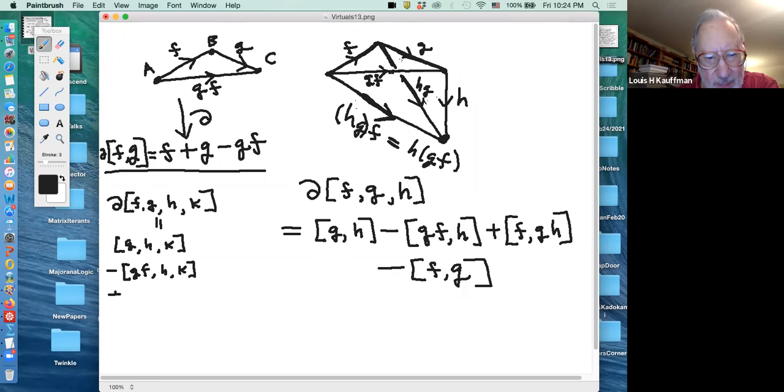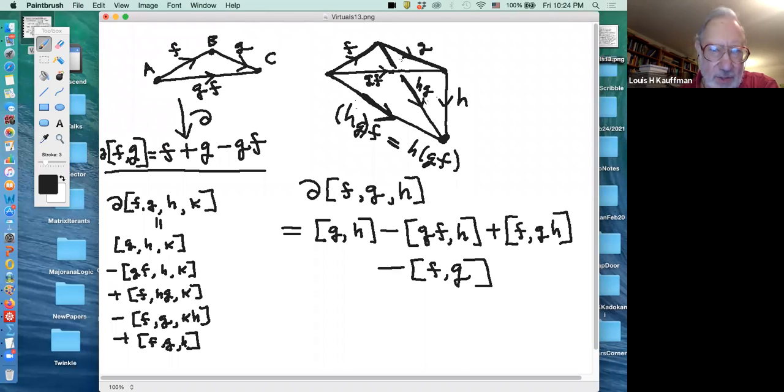Then we would get plus, and we would get F HG K. And then we would get minus, and we would get F G KH. And then we would get plus F G H. And this, of course, would be four-dimensional.